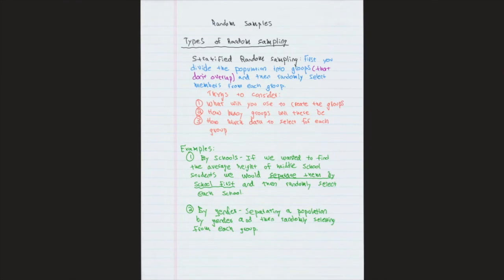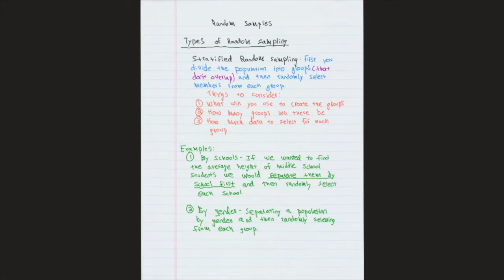The next type of random sampling is called stratified random sampling. In this case, you do have a pre-planned notion of how you're going to take a sample. In stratified random sampling, you divide the population into groups, and these groups can't overlap.